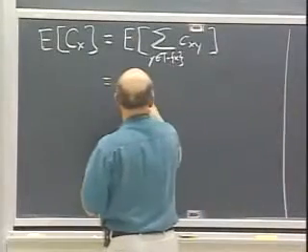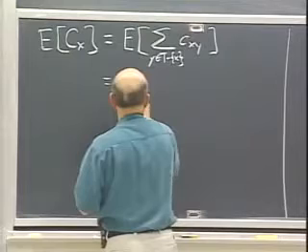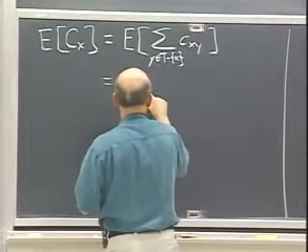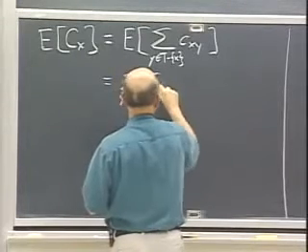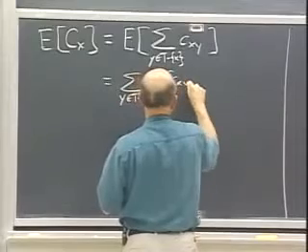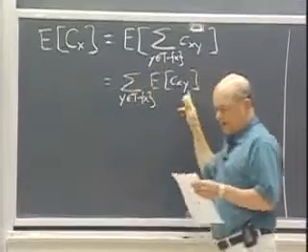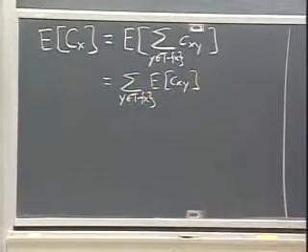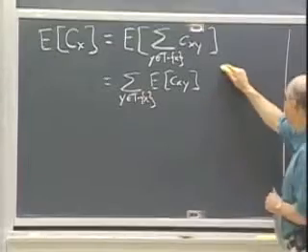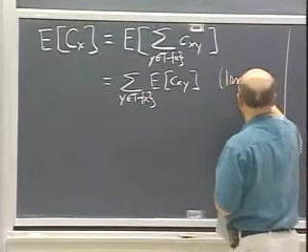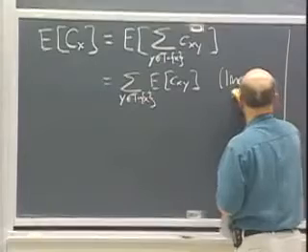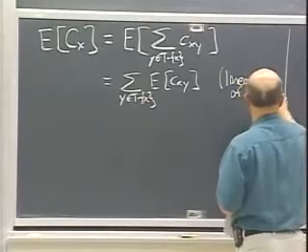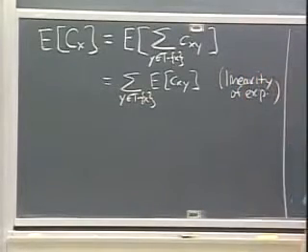And that's equal to the sum of y in t minus x of expectation of cxy. So why is that? Yeah, that's linearity. Linearity of expectation. Doesn't require independence. It's true of all random variables.